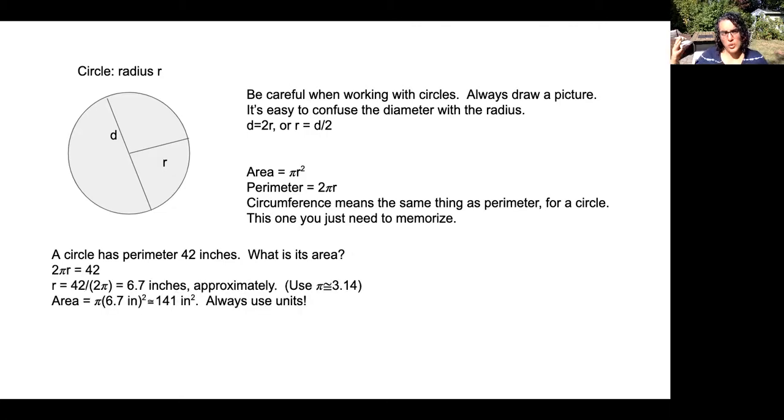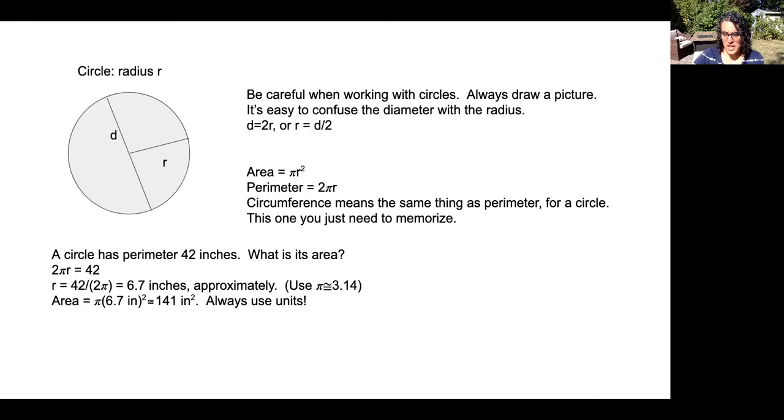Okay, when we're working with circles, we need to find the radius. That is our fundamental unit. So I know that 2 pi r is equal to 42. The formula of the perimeter is equal to 42. Solve this for r by dividing both sides by 2 pi. You get r is 42 over 2 pi, which is approximately 6.7 inches.